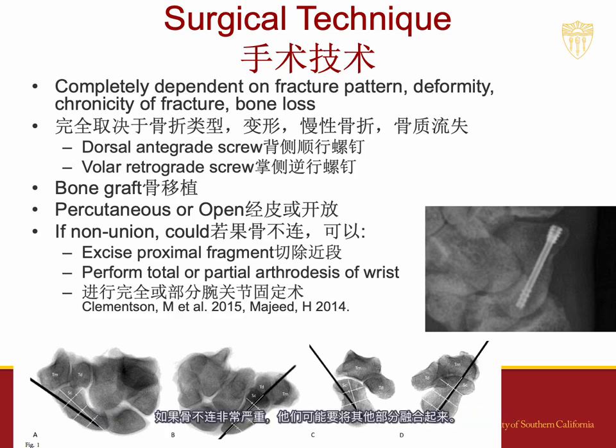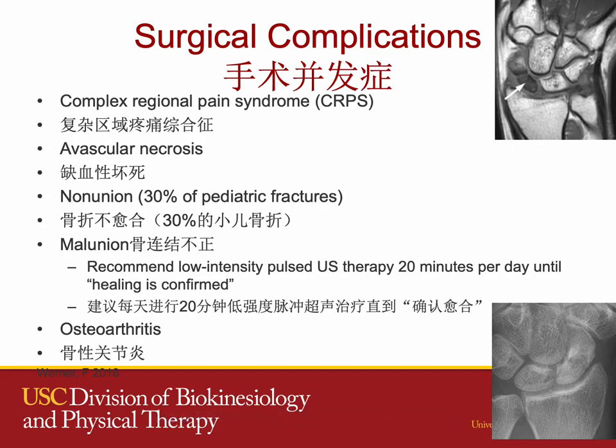So they may have to do fusion of parts of the wrist if the non-union is significant. So unfortunately, non-unions are somewhat common. 30% of pediatric fractures and other ones, you could get non-union.